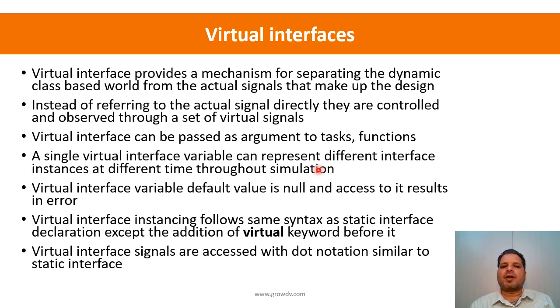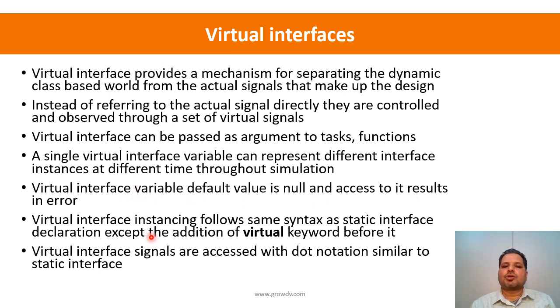So any of them can be sent. And as you can see, a class data type has a default value of null, and the virtual interface also has a default value of null. If you try to access a virtual interface handle without initializing it, it results in an error.